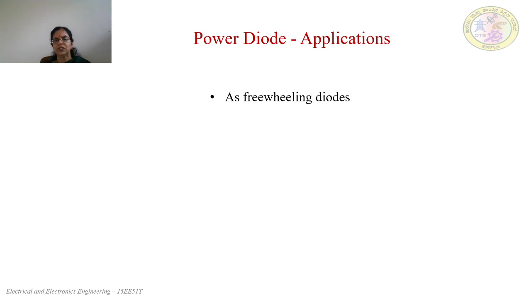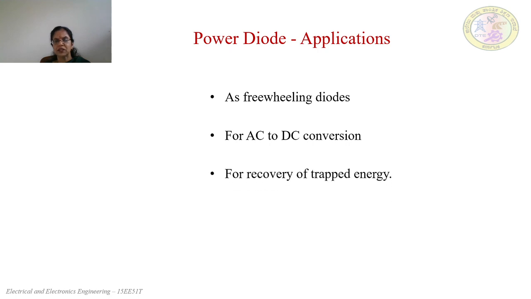Power diodes in general are used as freewheeling diodes for AC to DC conversion, for recovery of trapped energy, and in power supplies and in AC and DC drives.